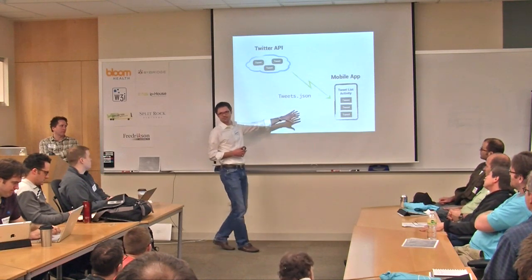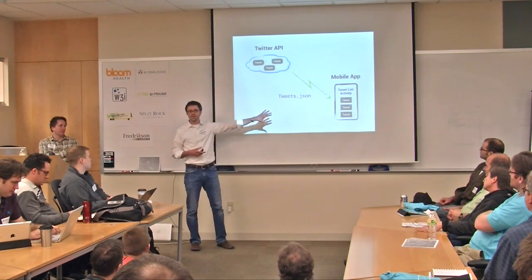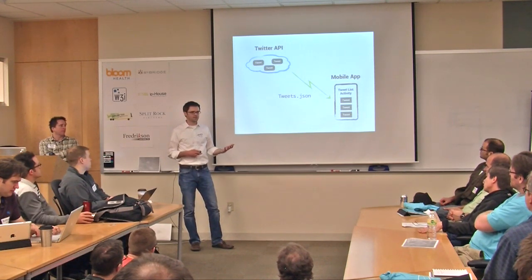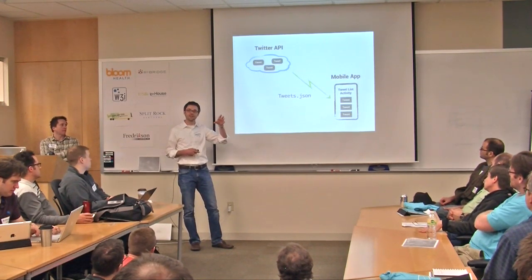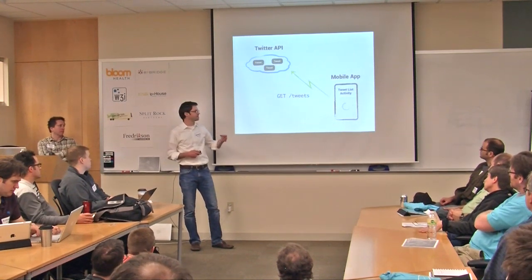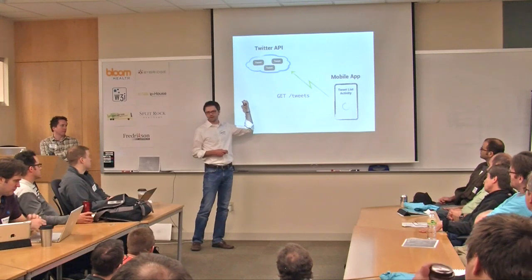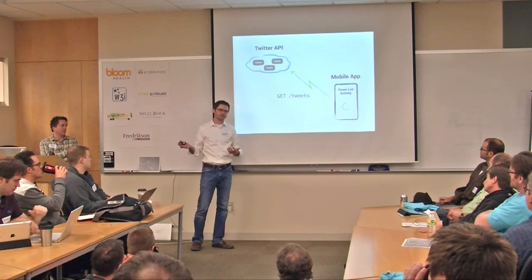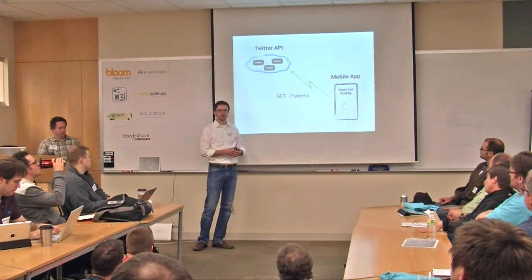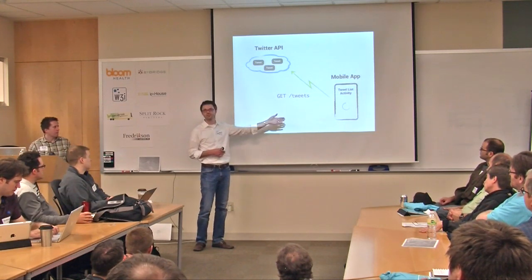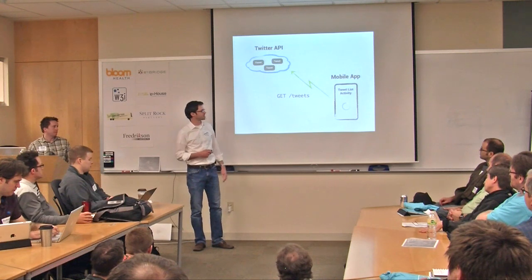But the problem is these tweets are in memory, and so the next time that the user launches the activity, or maybe you just rotate the screen and it's recreating that activity, you've got to go out and get all the tweets all over again. Maybe it's a couple days later and you would have to get them anyway, but we didn't save anything, we didn't persist anything, so we have no choice but to make this request again.